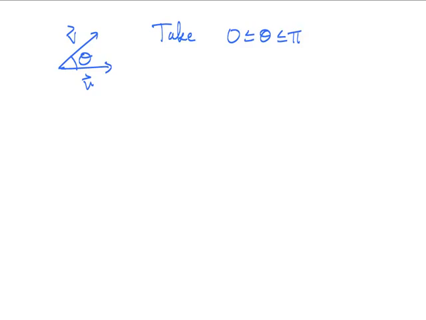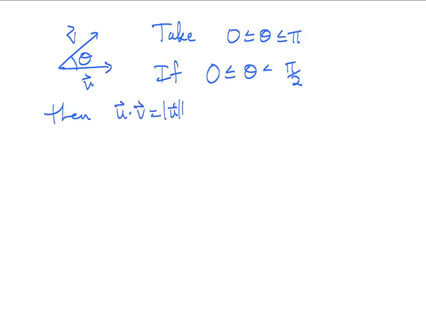Now, as we had said earlier, if theta is acute, so greater than or equal to 0 and less than pi over 2, then we can see that u dot v, magnitude of u, magnitude of v, cosine of theta, will be positive, right? Because magnitude is always positive. You're taking the square root of numbers squared, and the cosine of an acute angle is positive. So we'll have a positive dot product.